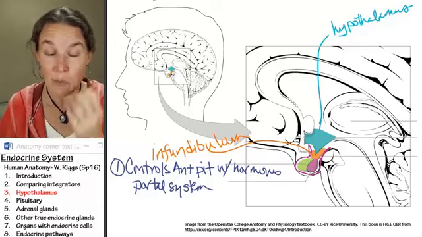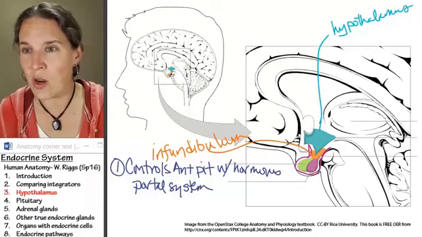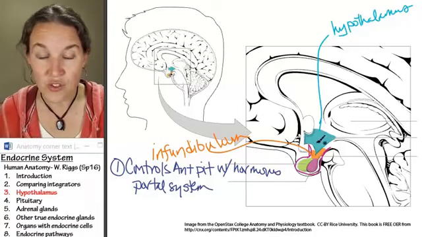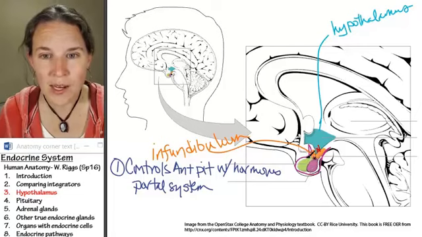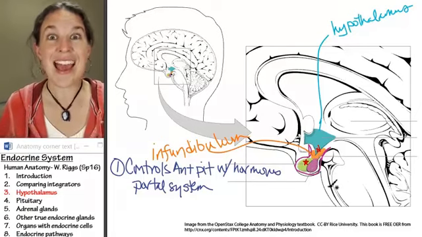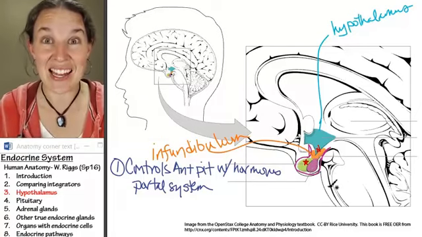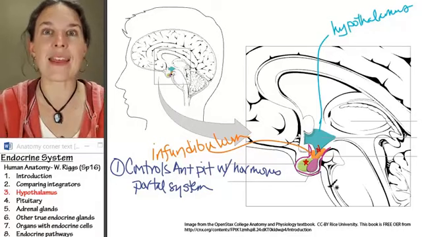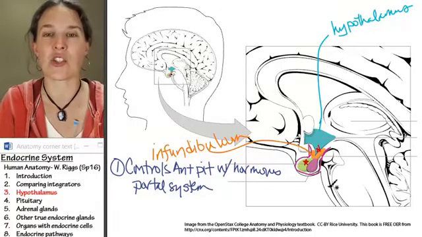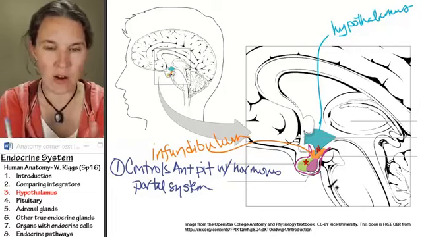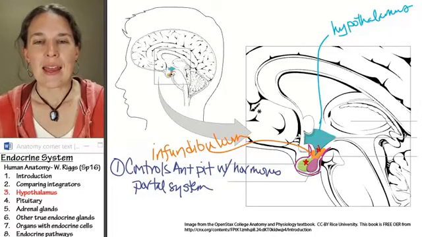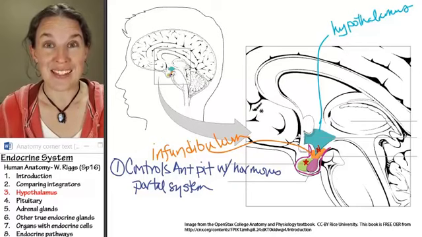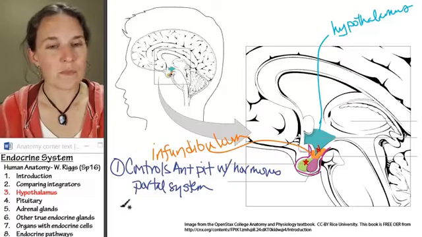So what you end up with is, I'm going to draw a little star. We got a capillary bed up here. The hypothalamus dumps hormone in. We got a capillary bed down here. The anterior pituitary receives that hormone, and that's the message to make more, send out hormone, and affect other cells. The hypothalamus controls the anterior pituitary in that way.